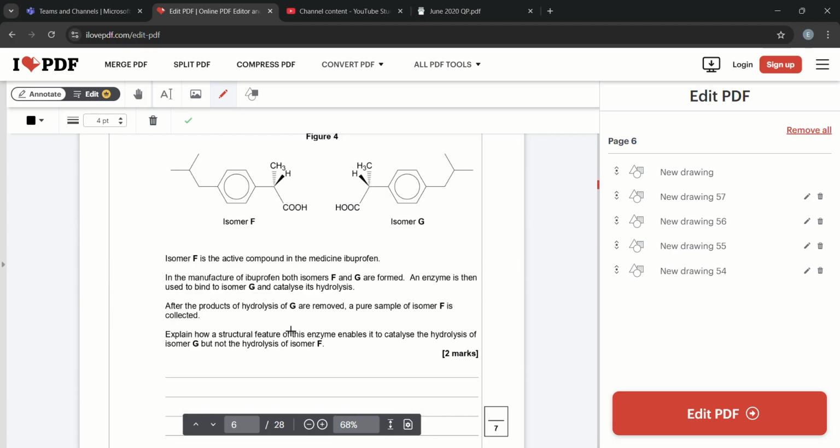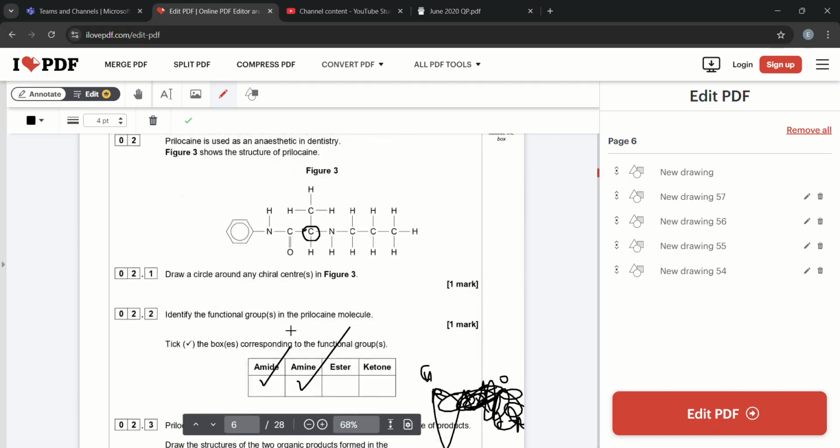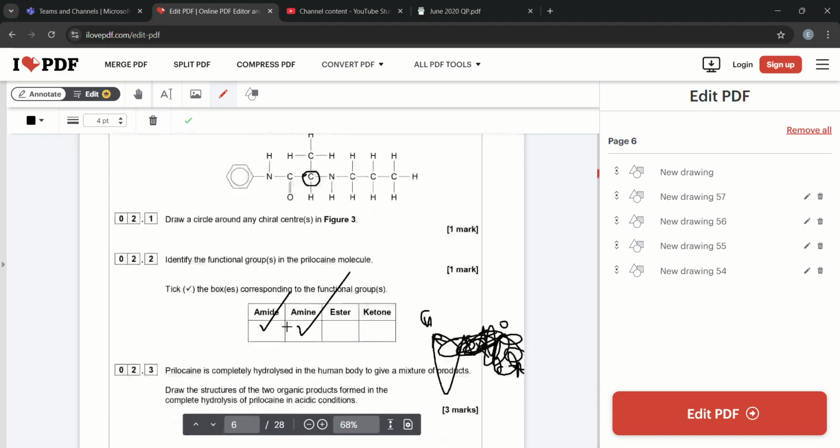And then it says prilocaine is completely hydrolyzed to give a mixture of products. Give the structure of two organic products formed by complete hydrolysis. So hydrolysis, what are we doing in the hydrolysis? Well, we're adding water, right?